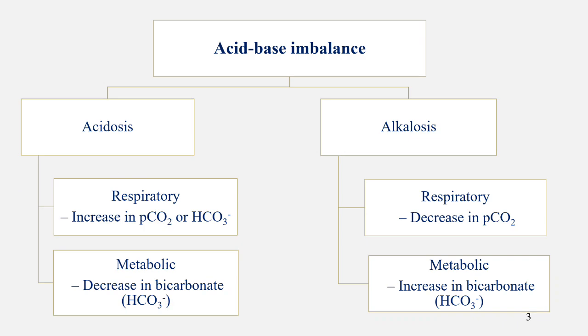Alkalosis has two types, respiratory alkalosis and metabolic alkalosis. In respiratory alkalosis, there is a decrease in partial carbon dioxide. In metabolic alkalosis, there is an increase in bicarbonate ions. These are the types of disorders: acidosis, respiratory acidosis and metabolic acidosis; alkalosis, respiratory alkalosis and metabolic alkalosis.